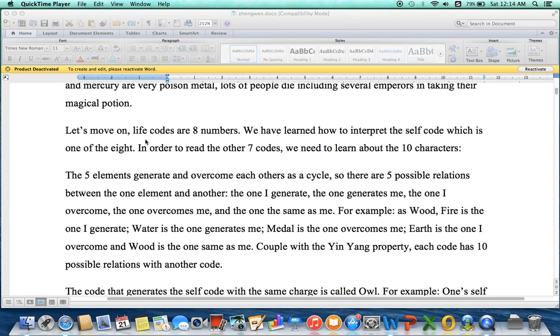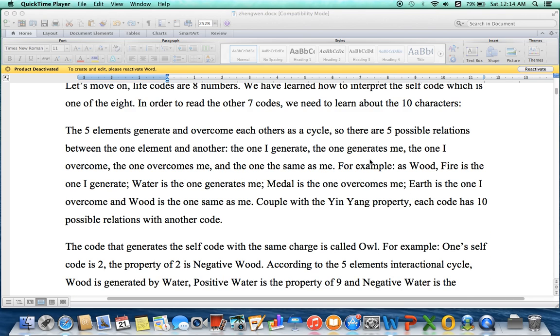So, as we know, life codes are 8 numbers. We have learned how to interpret the self code, which is one of the 8 numbers. In order to read the other 7 codes, we need to learn what I have mentioned, the 10 characters. So what are the 10 characters? We know the 5 elements generate and overcome each other as a circle.